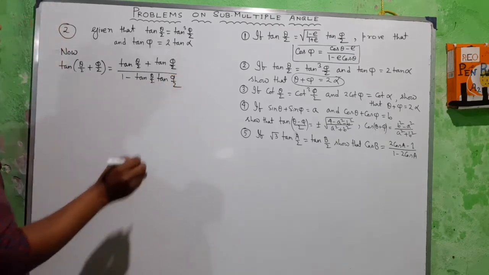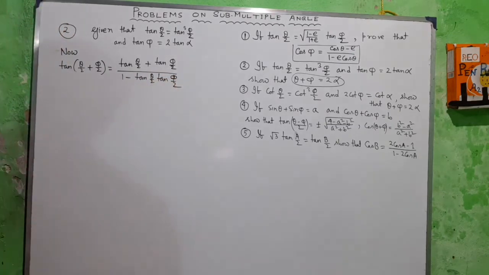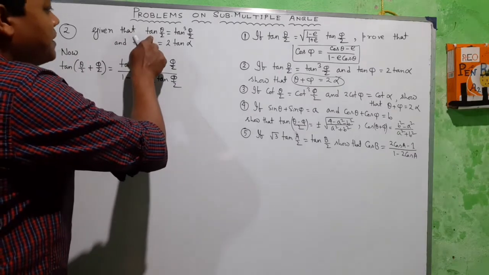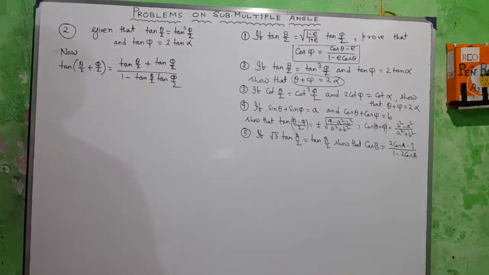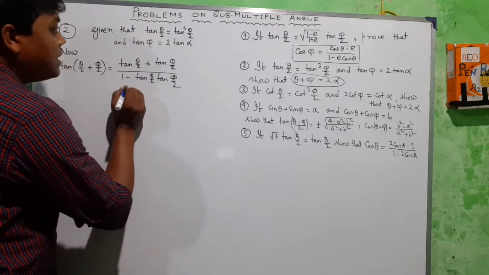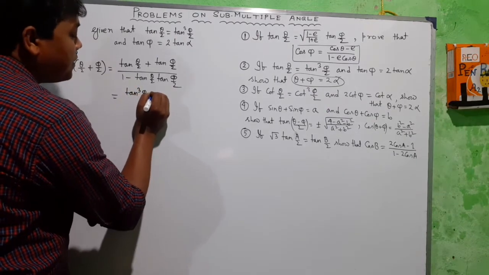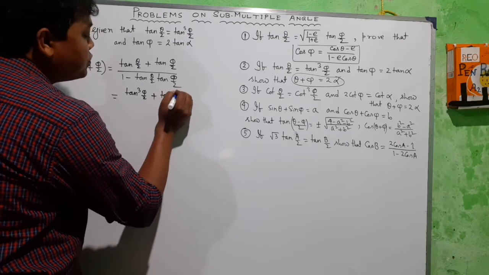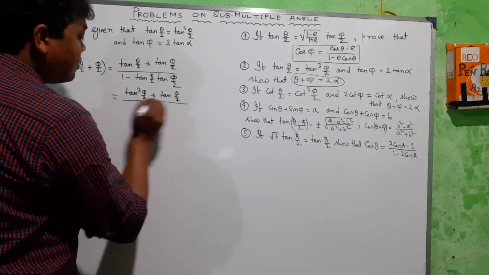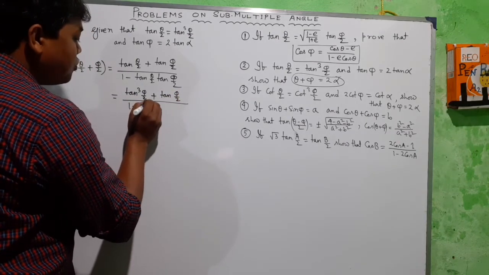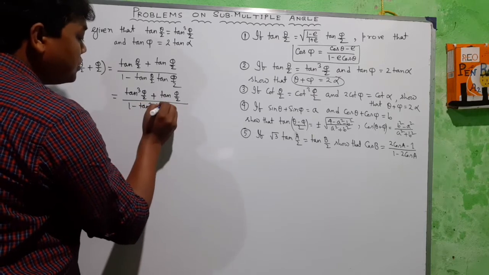Now put the value of tan theta by 2, which is given to you: tan theta by 2 equals tan cube phi by 2. So here we get (tan cube phi by 2 plus tan phi by 2) by (1 minus tan cube phi by 2 into tan phi by 2).